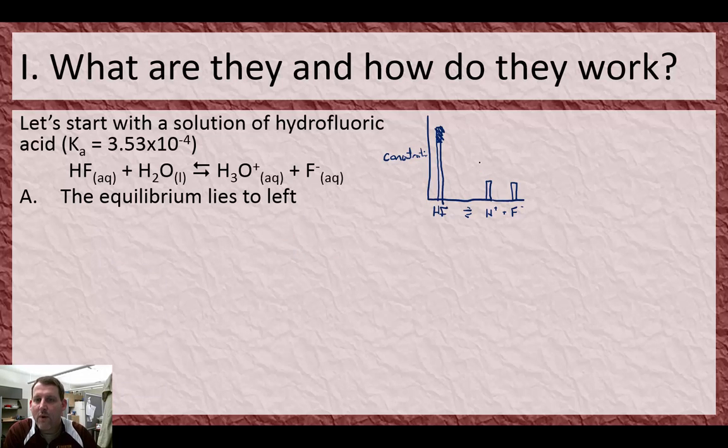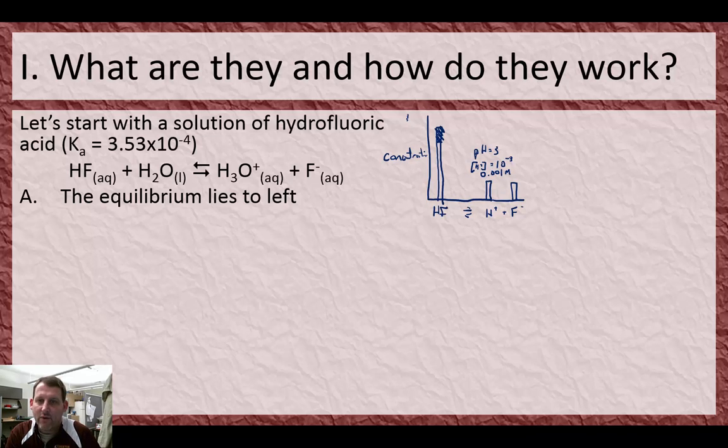So let's look now at what happens when we add a base to the situation. Let's say that we make this solution and we measure the pH to equal 3. That means the H plus concentration is equal to 10 to the minus pH, so 10 to the minus 3, or 0.001 molar.